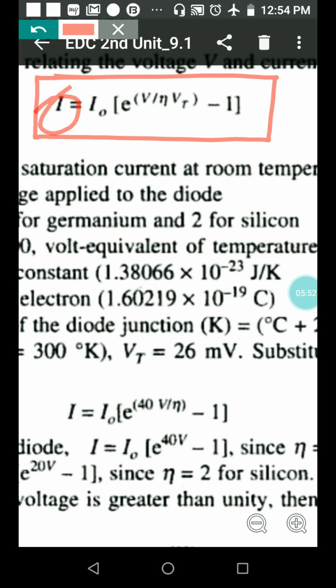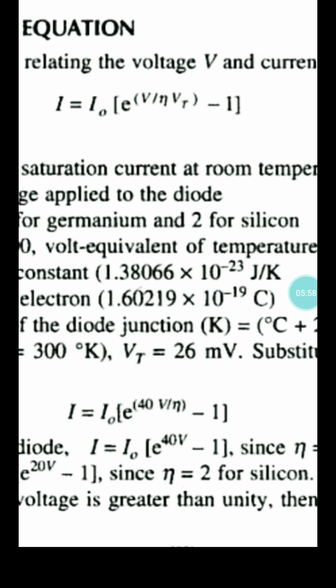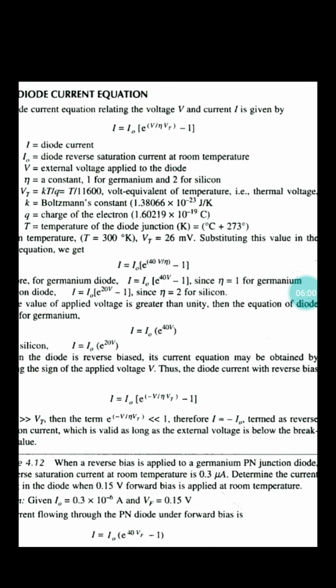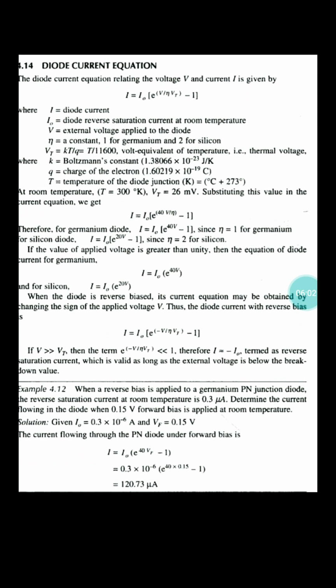Now, what is I here? I is the diode current. Then what about I naught? I naught is the reverse saturation current. V is the external voltage applied to the diode.